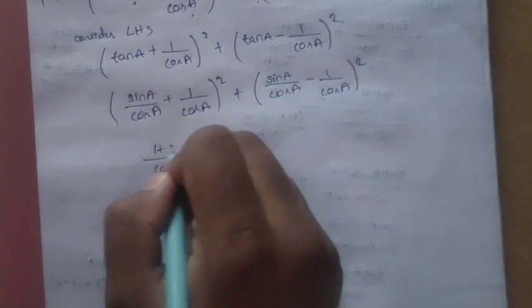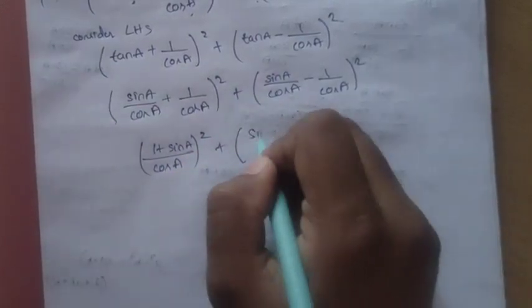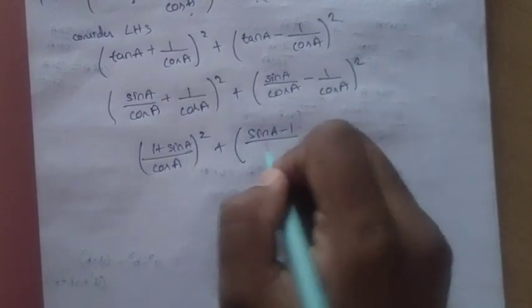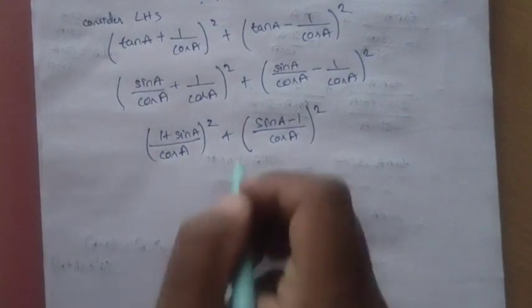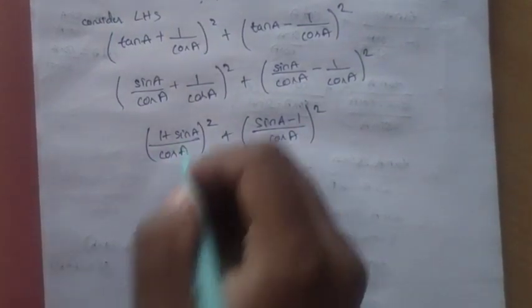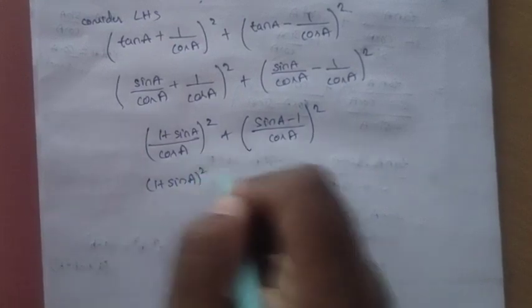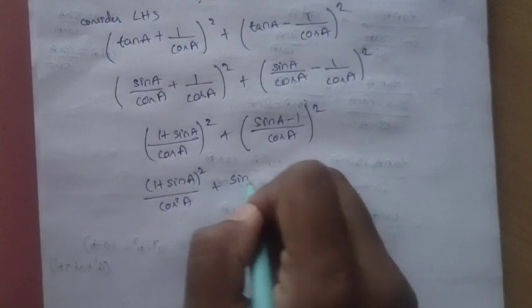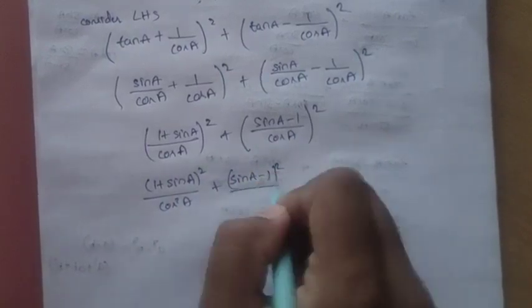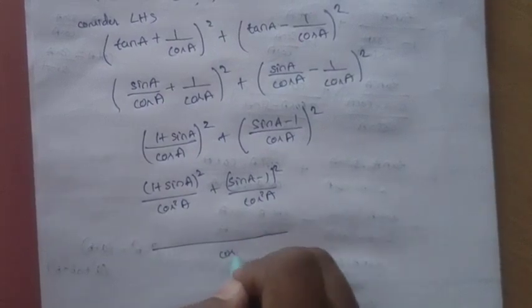So (1 plus sin a) whole square as it is, similarly (sin a minus 1) divided by cos a whole square. Now if we apply squares, what will we get? (1 plus sin a) whole square divided by cos square a, plus (sin a minus 1) whole square divided by cos square a. In the denominator cos square a is common.